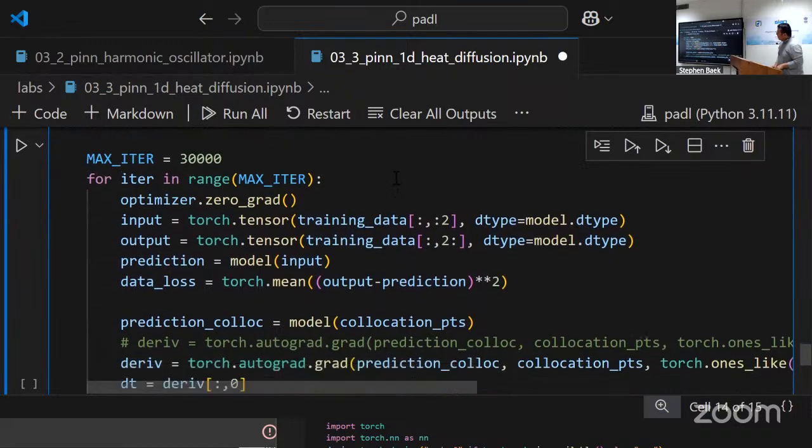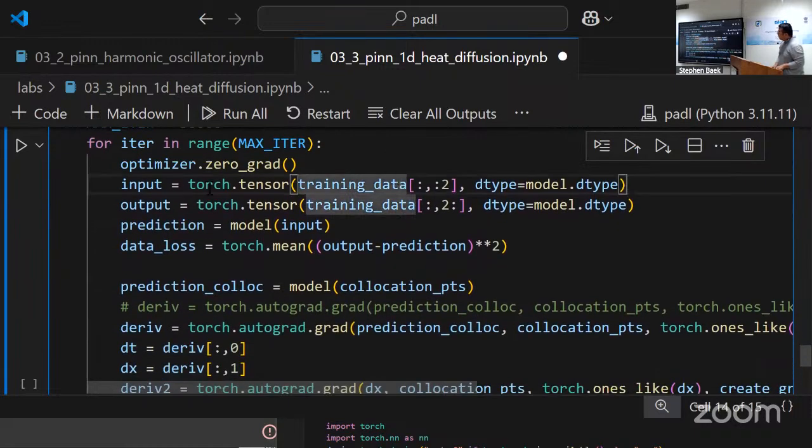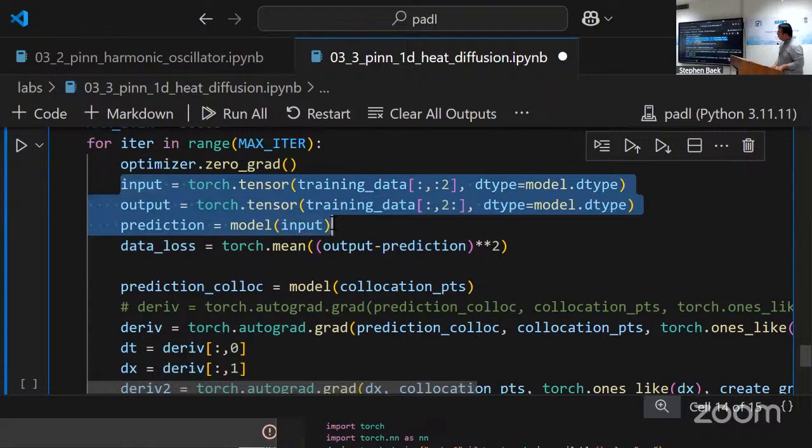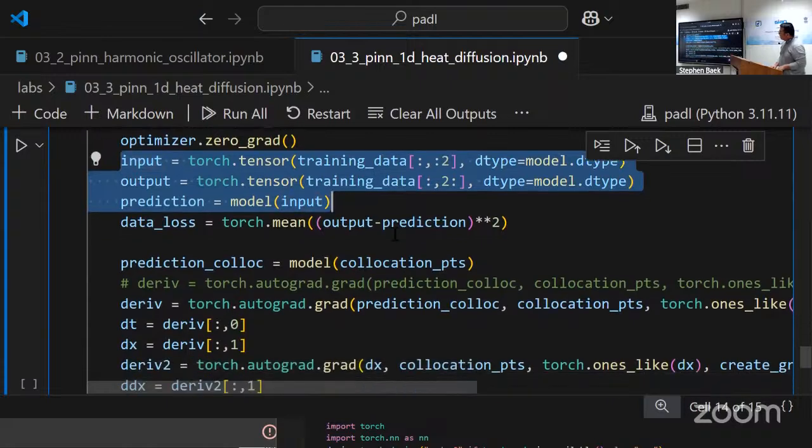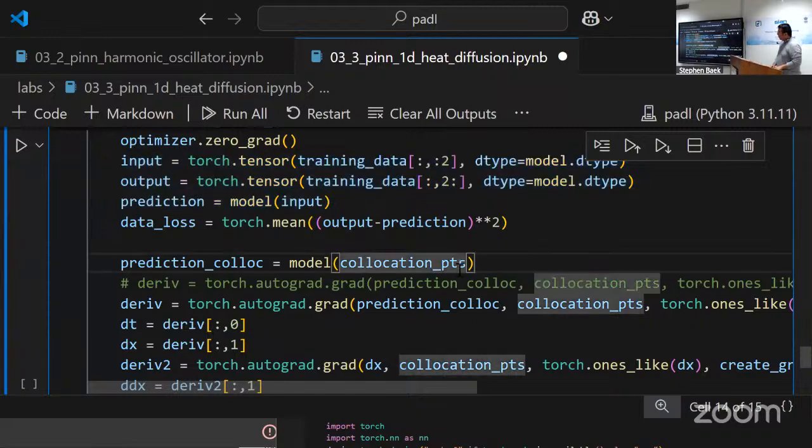Inside of the training loop, we have the input tensor and output that are given by the data. So that's the training data. Then we're making the inference of the model on the training data set, and that prediction is compared with the ground truth label. So that's the good old data-driven loss definition over there.